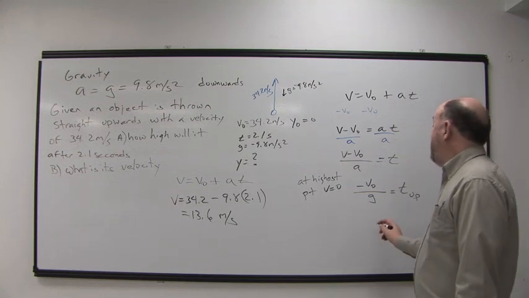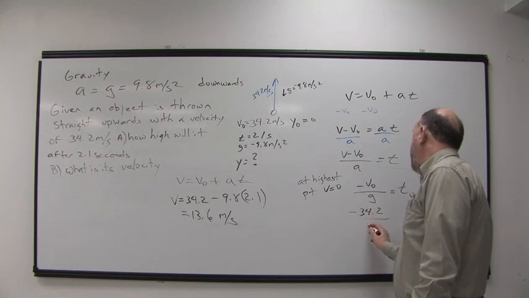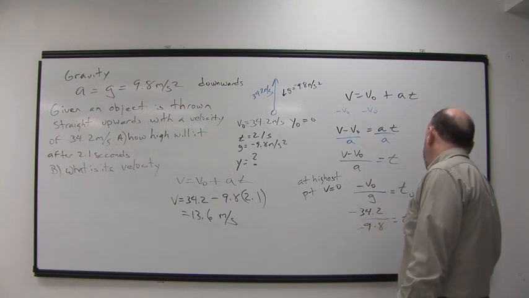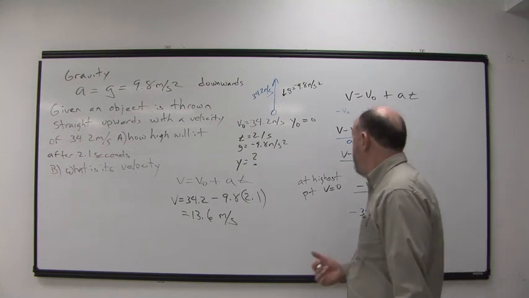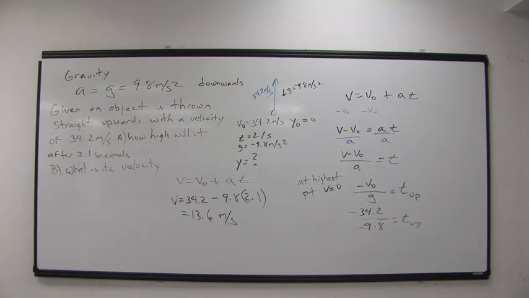I'll leave this to you, but you get minus 34.2 divided by minus 9.8, and that would give you the time up, which should be somewhere around 3.6 seconds or so, if you were actually doing that out.